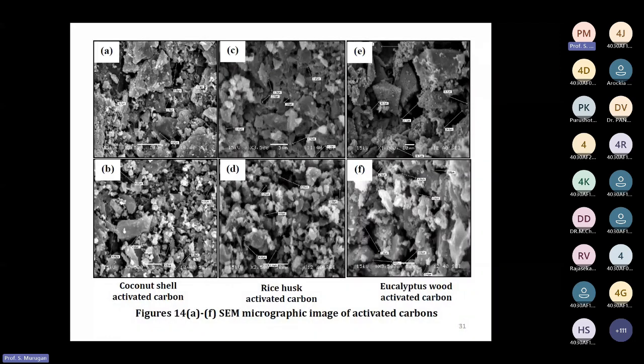They were studied. Then after preparation of activated carbon, how they look is also shown here. Using SEM, we got these images and we measured the pore volume, pore size, all these things.